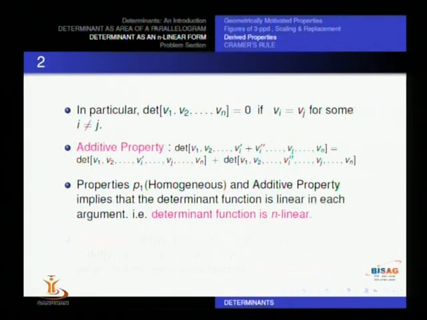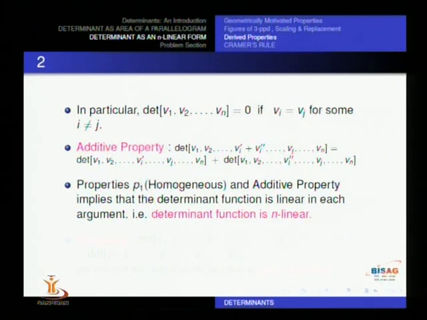Second property is that we have already discussed in P1 while defining a determinant function, that is homogeneous property. That is a scalar multiple. If you magnify some side by alpha, then the whole area or volume is also magnified by alpha.